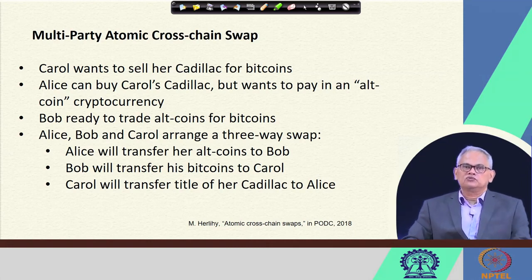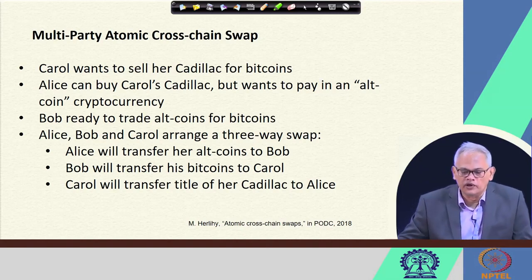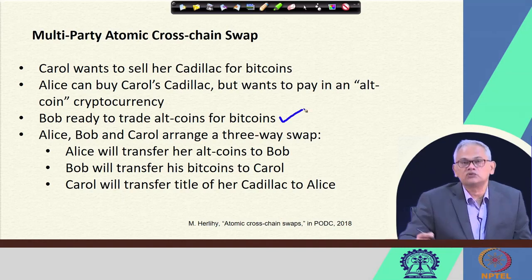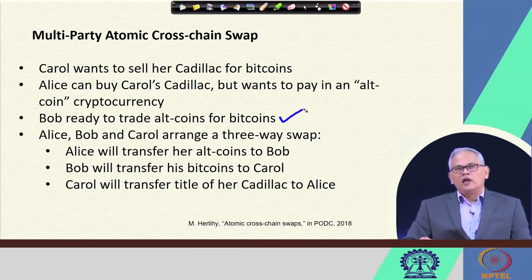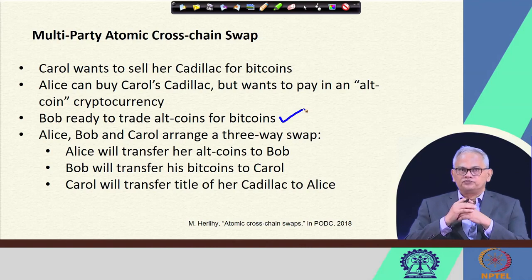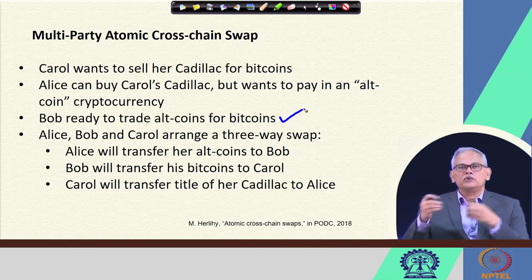So, luckily we have this situation where there is this third party Bob who is ready to trade altcoins for Bitcoin. So, now we have this Bob who is going to help this transfer, and he can exchange these altcoins for Bitcoins. Now we have this situation that Alice, Bob and Carol arrange a three-way swap.